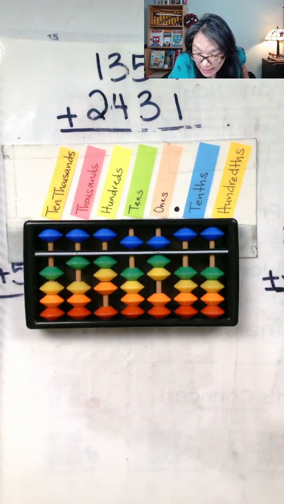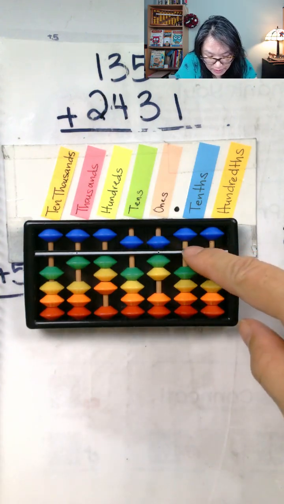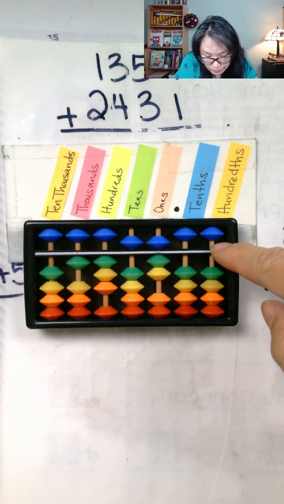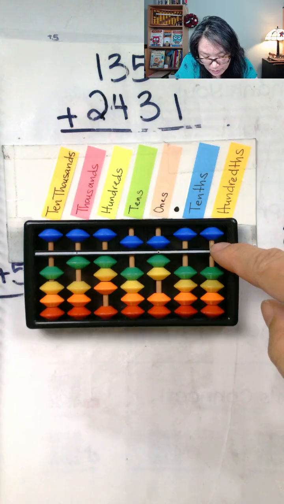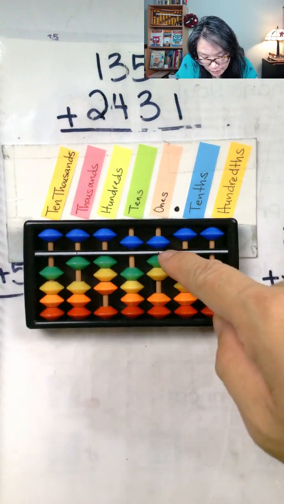So that's about adding and subtracting. Is there any instance in which you couldn't start the ones all the way to the left? The only instance is if you have decimals, because then you would have no more room for decimals. You would start from here or from here, it just depends.